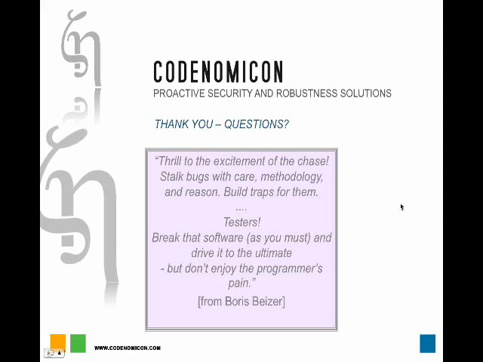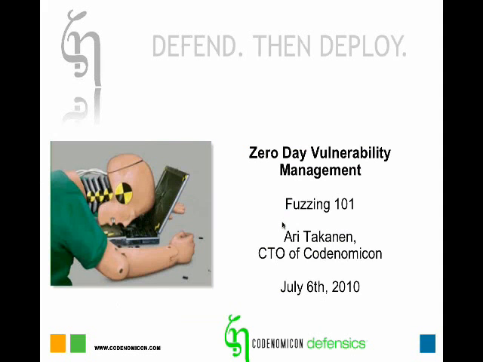So the first question, going back to the beginning of this presentation: fuzzing is an intrusive testing method. How can a network be safely tested with fuzzing? Yes, definitely. Fuzzing is an extremely aggressive testing method.